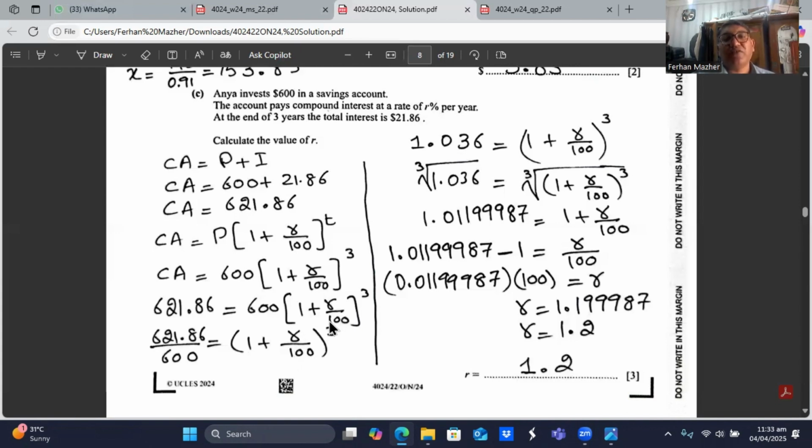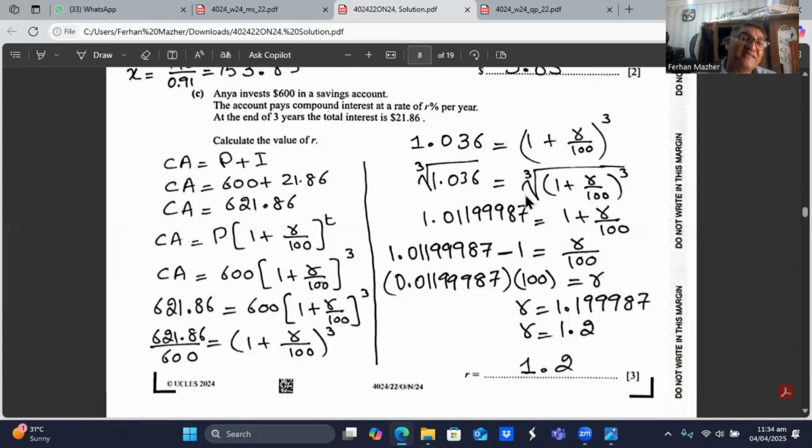To get rid of this power 3, I will take the cube root on both sides. So this is 1.036 equals (1 plus R by 100) raised to power 3. So take the cube root on both sides. When you take the cube root of 1.036, you get 1.0119987 equals 1 plus R by 100.